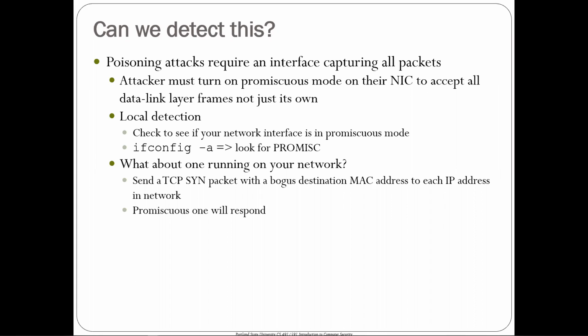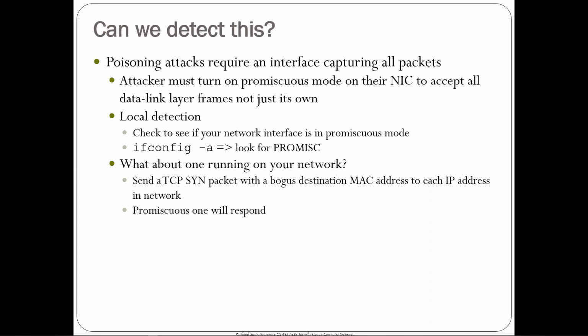It typically will respond. You have to actually know that there's something that's going to respond, and it will respond back to you. You're legitimately trying to make a TCP connection. All you're doing is faking the data link layer frame to make sure that nobody on the network slurped it up.